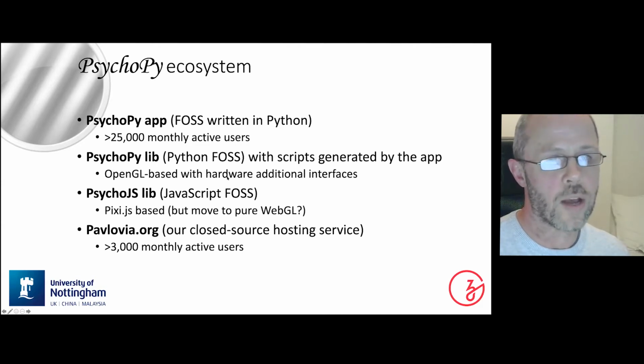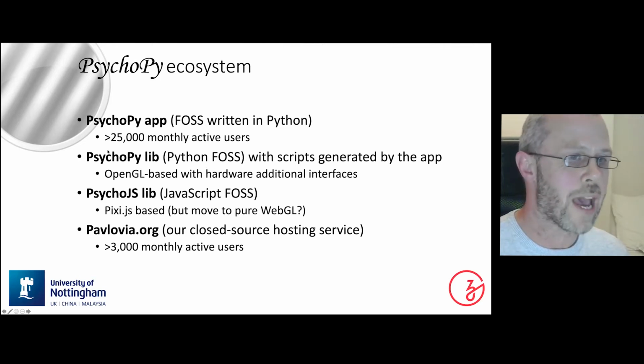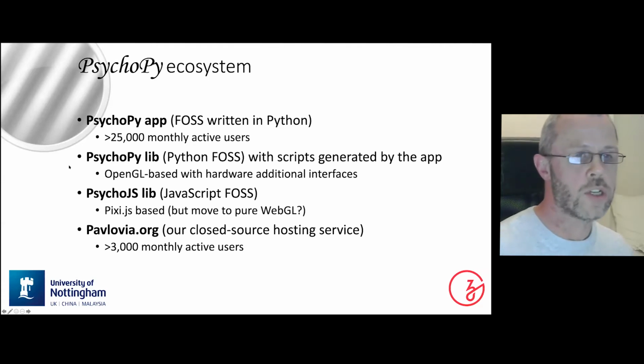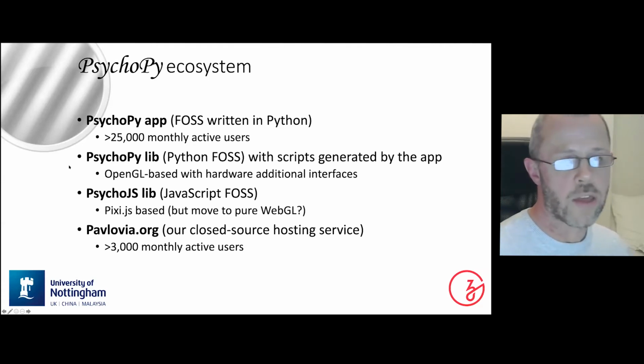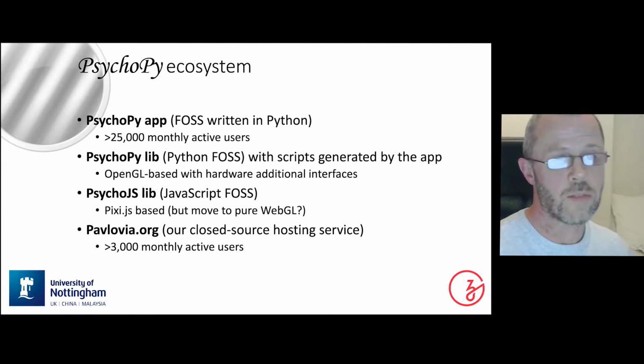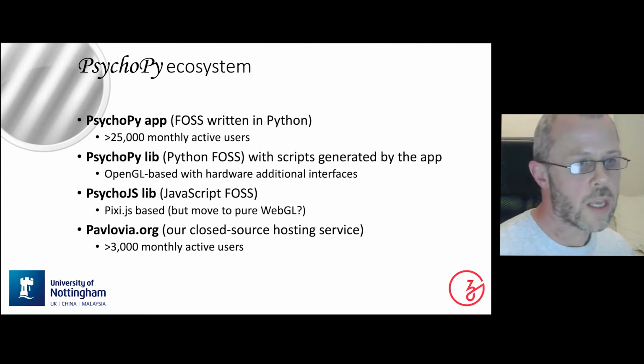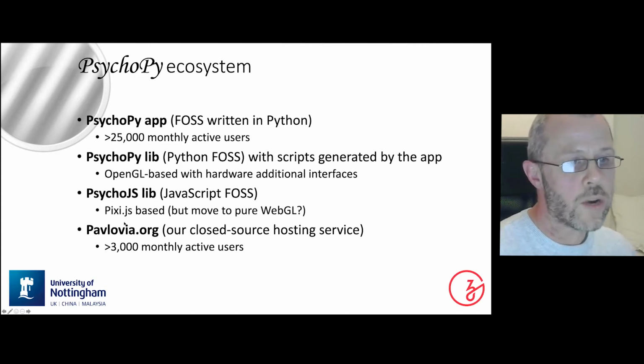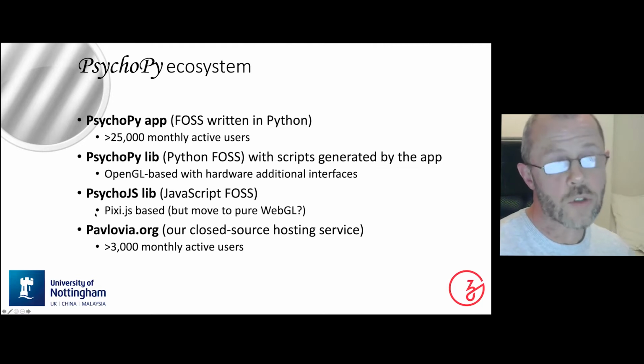So all of that's open source software, and this is how the project actually began, with the library. The key to the library is that it's an OpenGL-based Python library that uses hardware-accelerated graphics for us to present our stimuli precisely in time. And then more recently, we've added this JavaScript library.